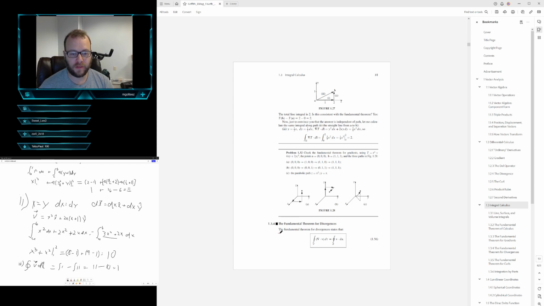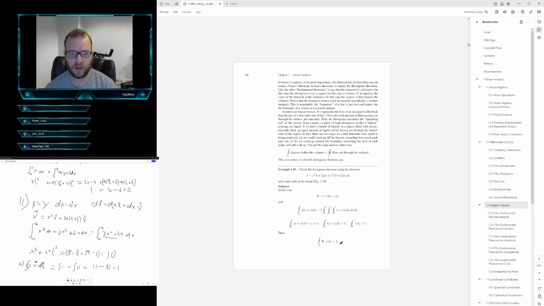The fundamental theorem for divergences, moving on, states that the divergence integrated over a volume is equal to the surface integral of the function. So the sources within the volume are equal to the flow out through the surface.